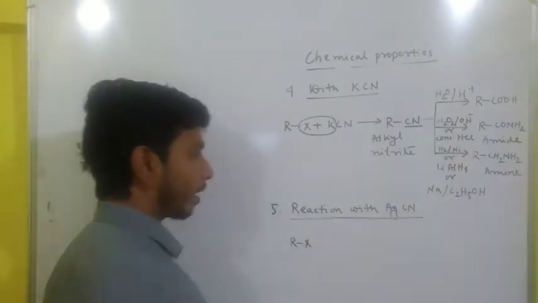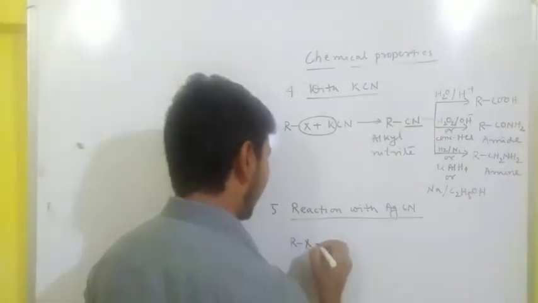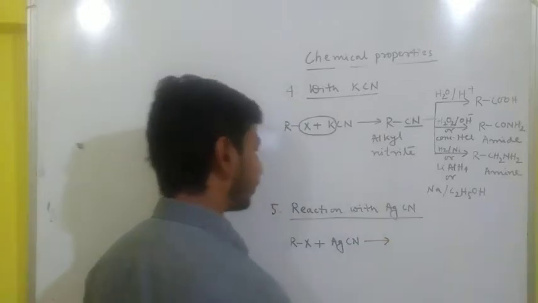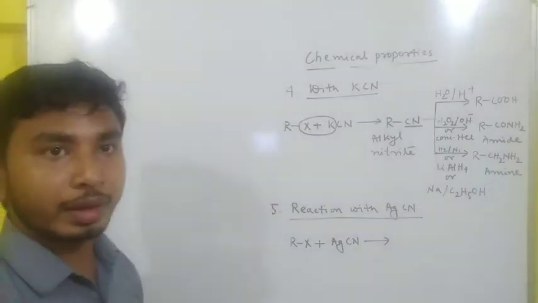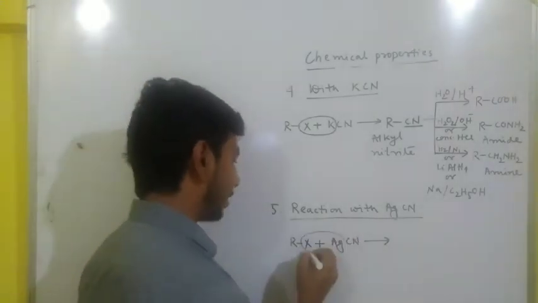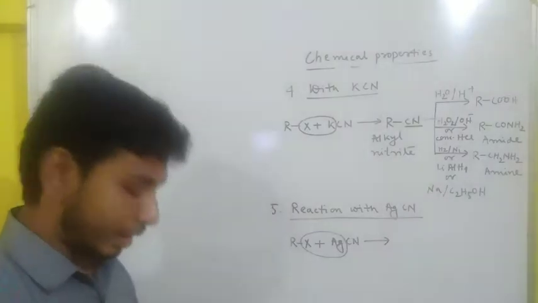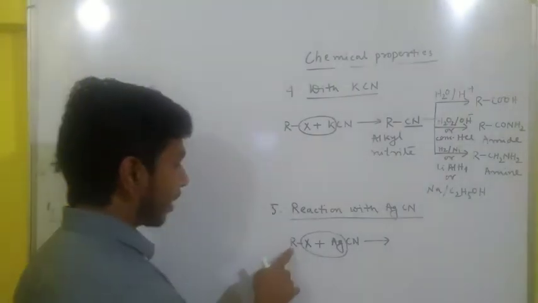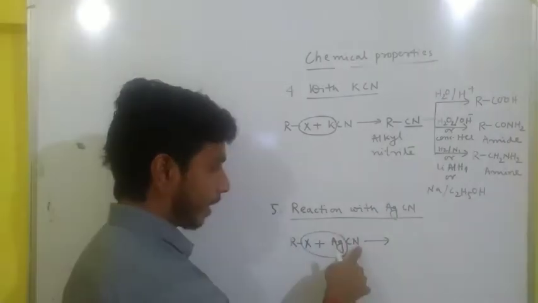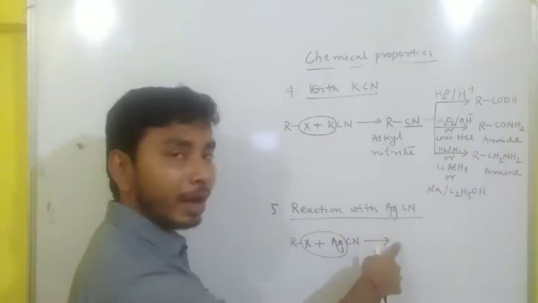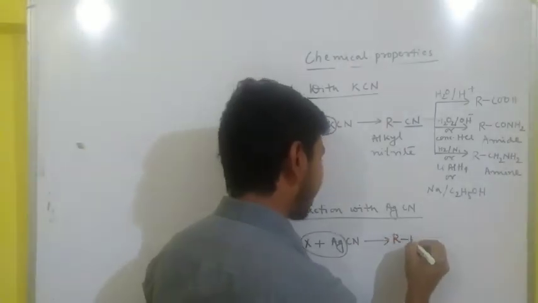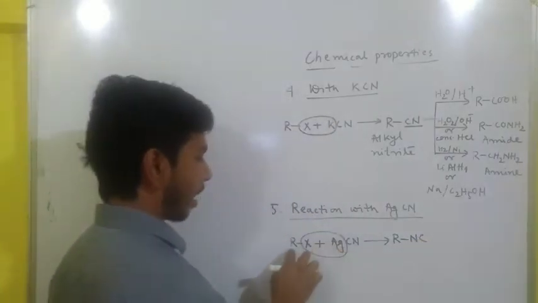Alkyl halide RX upon treatment with AgCN, AgX is removed. So here it is the alkyl group and here the CN group. The product should be RCN, but here it is not RCN, it is RNC.